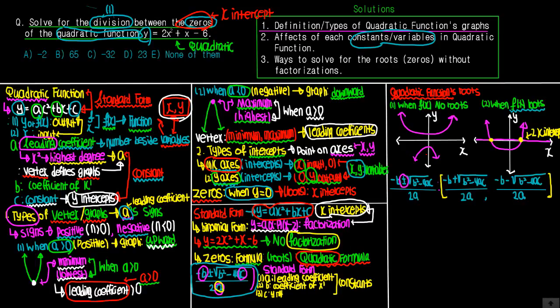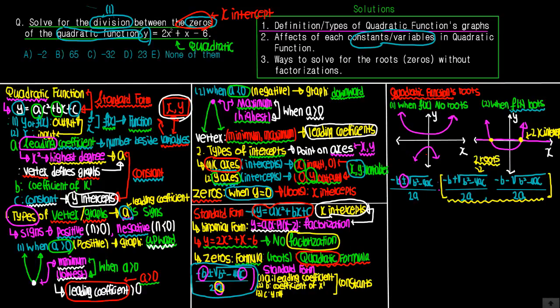So there should always be two roots: negative b plus square root of b squared minus 4ac over 2a, and negative b minus square root of b squared minus 4ac over 2a. These are our two roots, and it is only shortened to make it clear and simple.